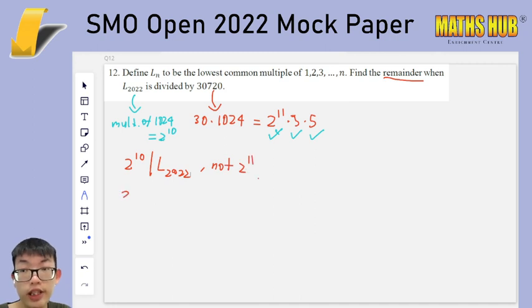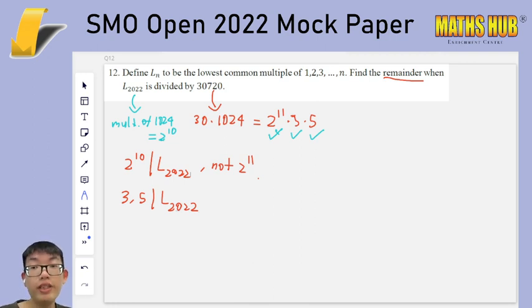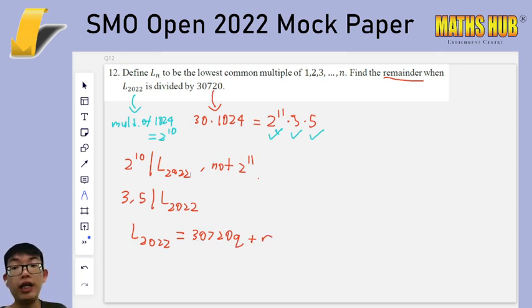And of course, 3 and 5 do divide it as well. So that means that if you want L2022 to be divided by this 30720 and output the remainder, if I write it as 30720Q plus R, where R is the remainder, you know that R must be divisible by 2 to the 10, 3, and 5.